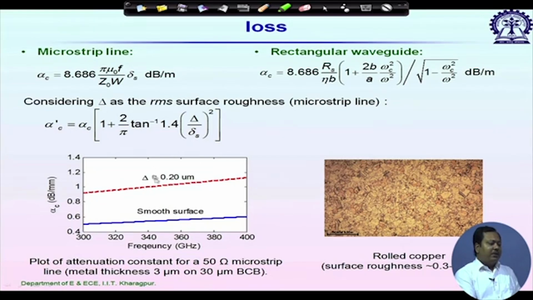You can compare this value with a rectangular waveguide. Alpha c is also a function of frequency, but at cutoff it is infinity. But how do we define the operating band of a rectangular waveguide? It is 1.25 times fc to 1.9 times fc, where the loss alpha c will be much less compared to the microstrip line. How small? Even 10 to 20 times smaller.